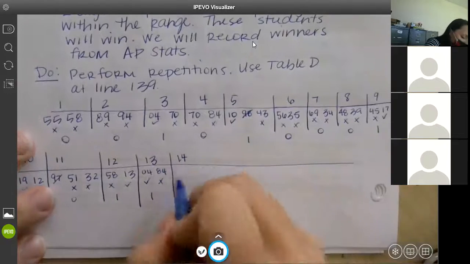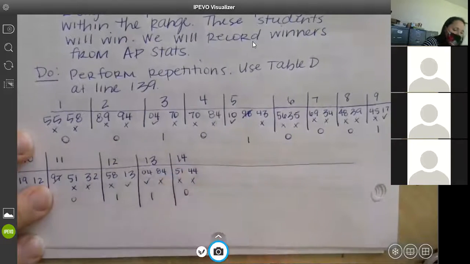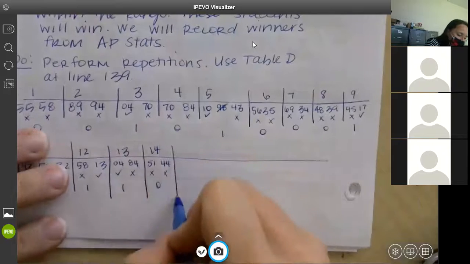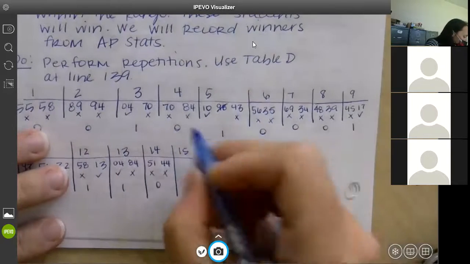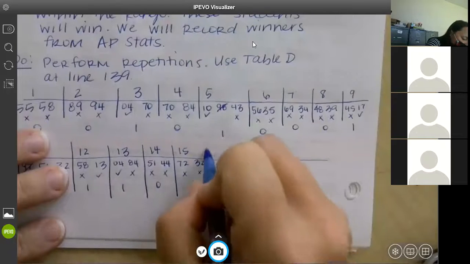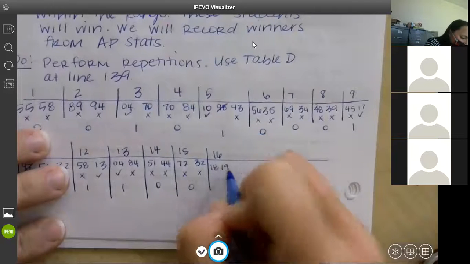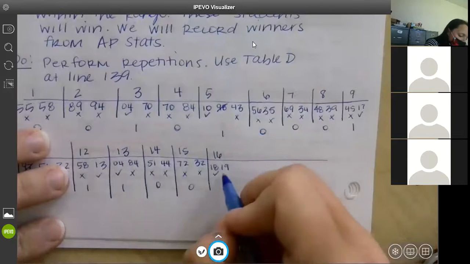14, 51 and 44. Again, I'm just going through that line. I just have it written down. 15 is 72 and 32. Neither are stats. 16 is 18 and 19. What do you know about both of those?